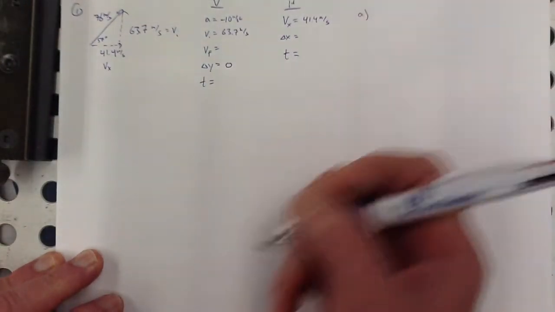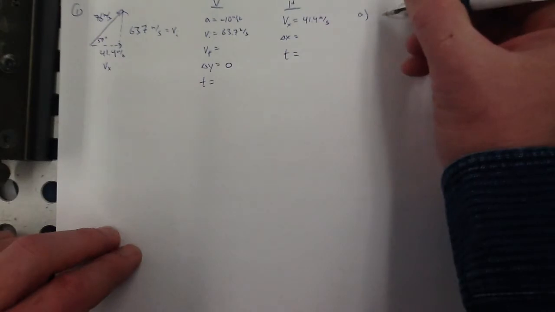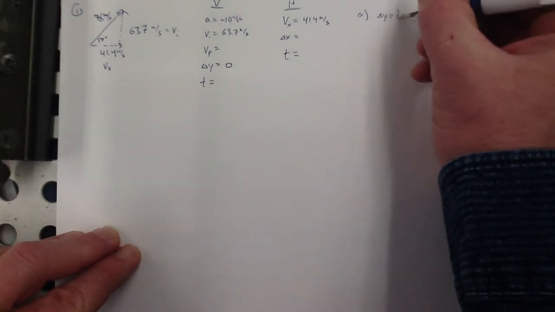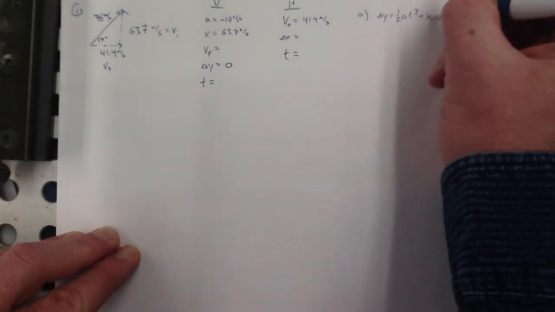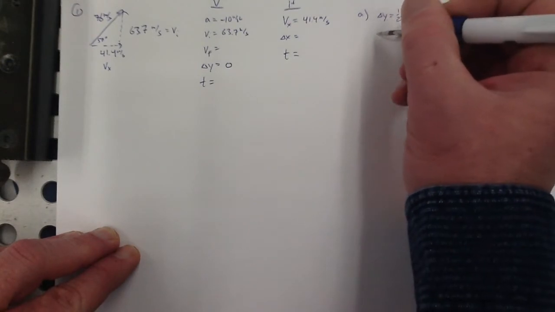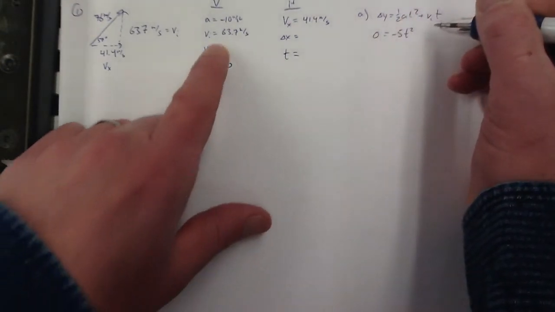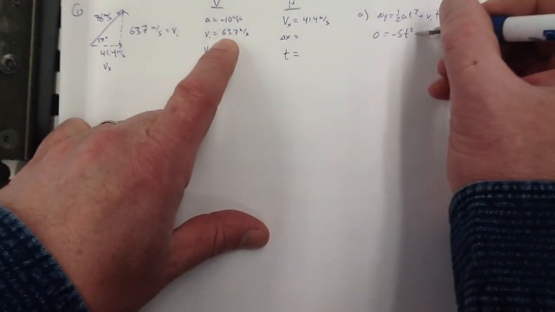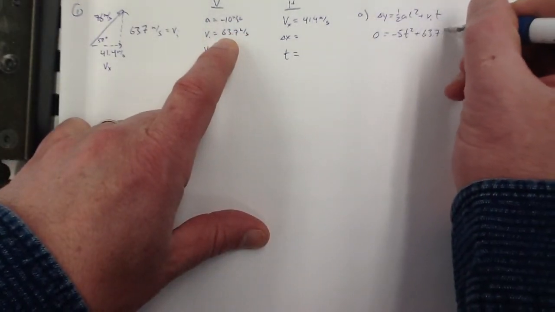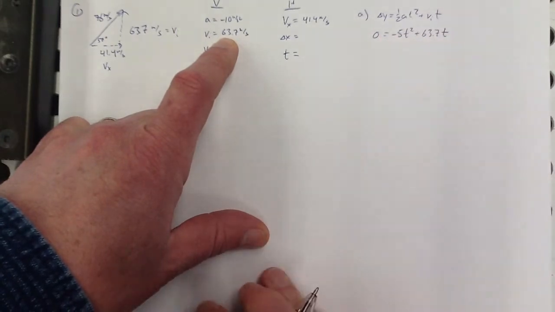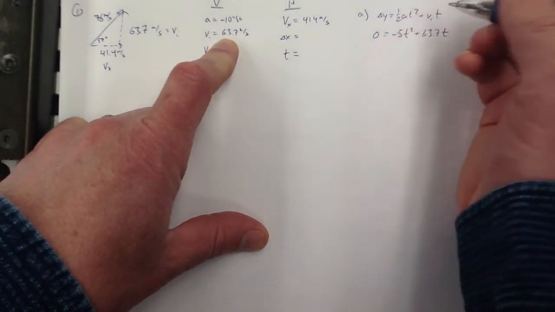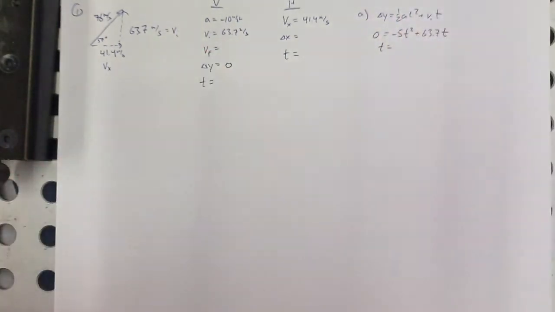So for part A, I'm going to do delta y equals 1/2 at squared plus vit. That's 0 is equal to negative 5t squared, and then the vi. You can do that with algebra pretty easily, or you can just graph it. Either way.